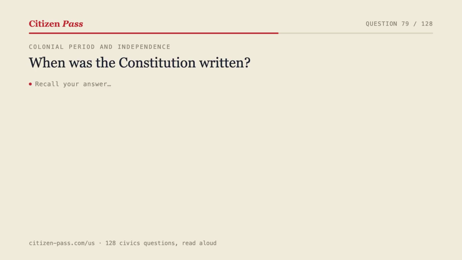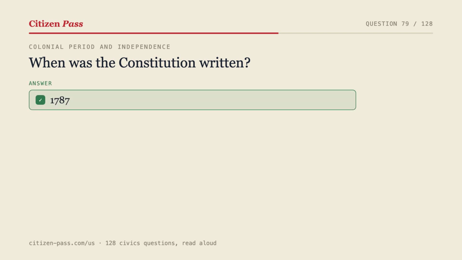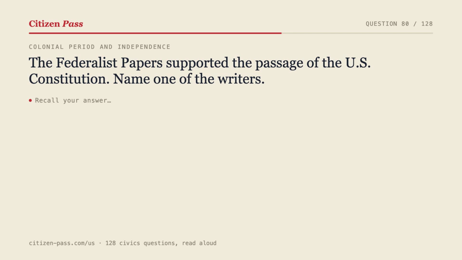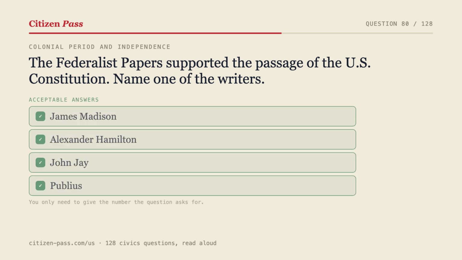When was the Constitution written? The answer is 1787. The Federalist Papers supported the passage of the U.S. Constitution. Name one of the writers. Acceptable answers include James Madison, Alexander Hamilton, John Jay, or Publius.